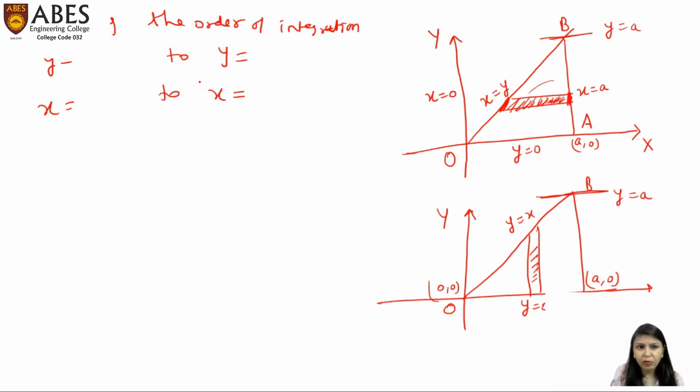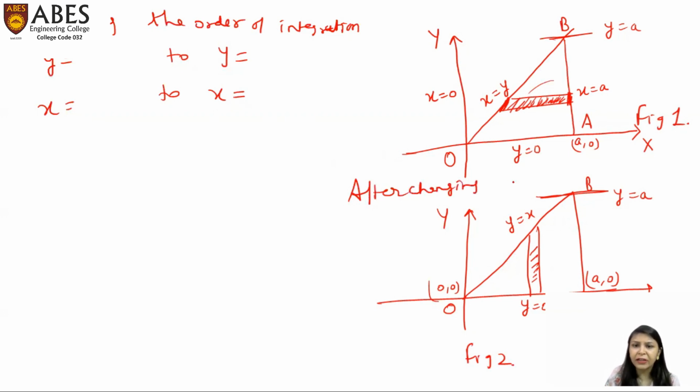So we have to find out the limits of y and x. For this, we draw the same figure again. This is figure 1 and this is figure 2. This figure is after changing the order of integration.